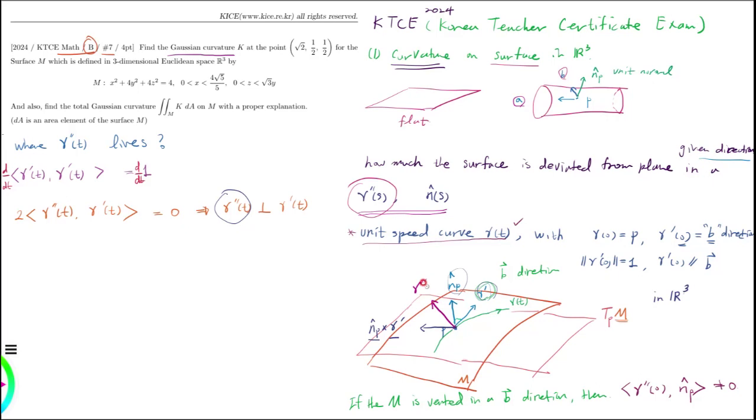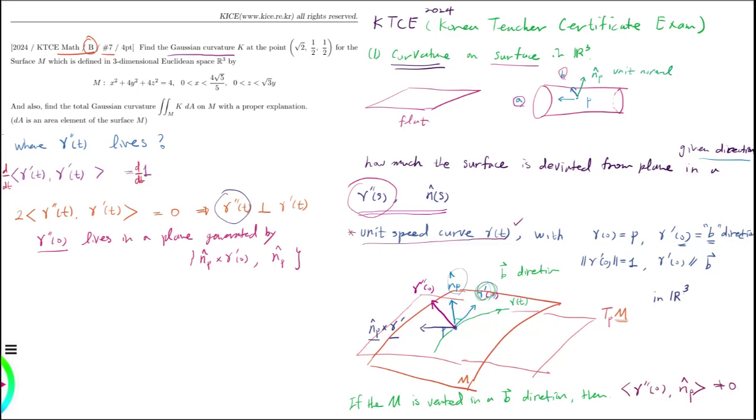At t equals 0, the second derivative vector lives in a plane generated by two bases, which are the exterior product of its unit normal vector and tangent vector when t equals 0, and its unit normal vector.